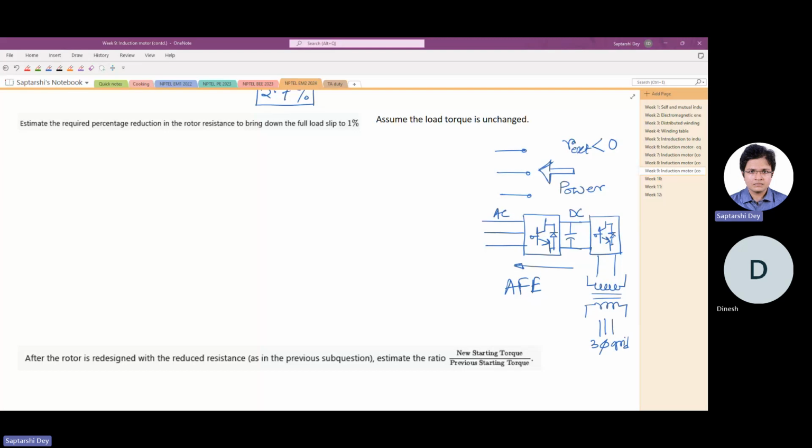Now, what are we getting at all if we do that? There are very fascinating theories and research works done on this. You originally had this, now you have something like this.